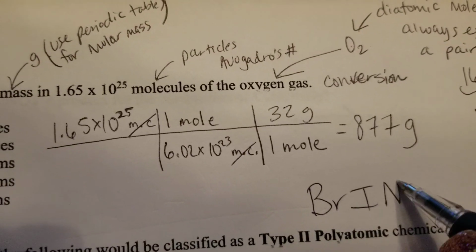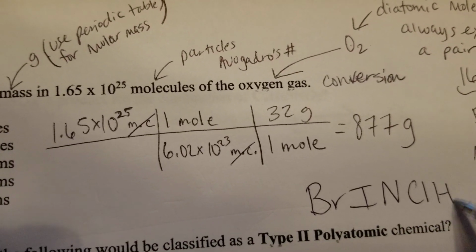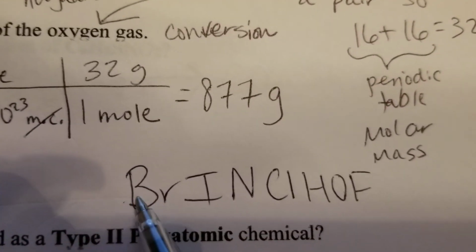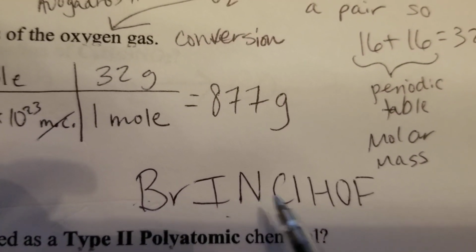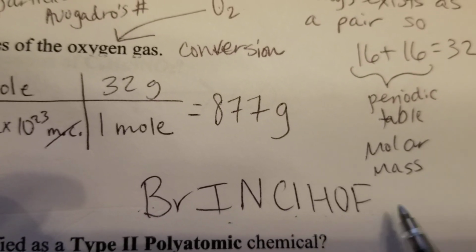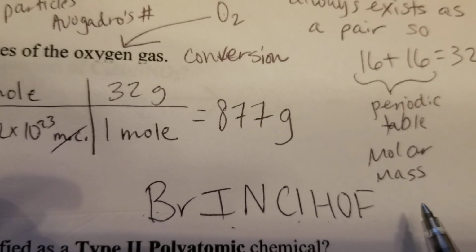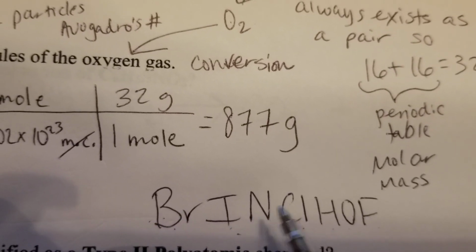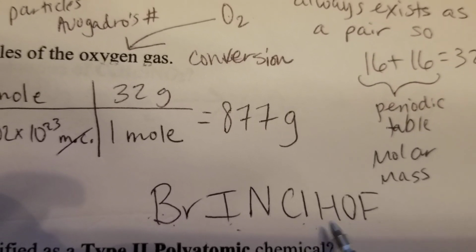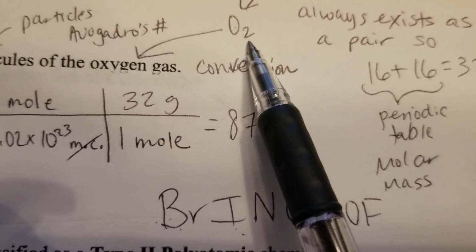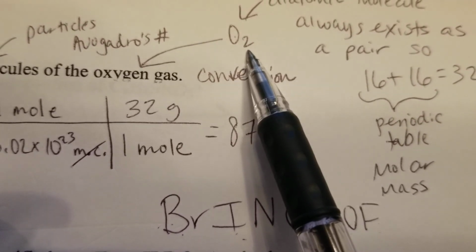Bromine, iodine, nitrogen, chlorine, hydrogen, oxygen, and fluorine. All these 7 elements exist as pairs. So it's Br2, I2, N2, Cl2, H2, O2, F2. So that's why we're talking about O2 here.